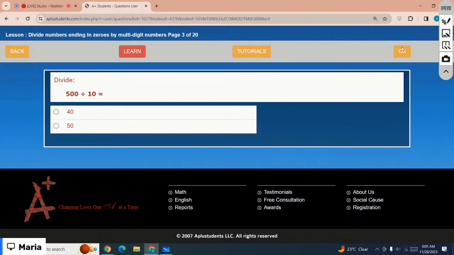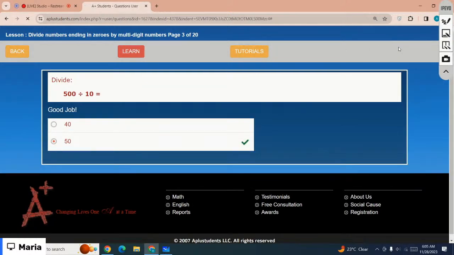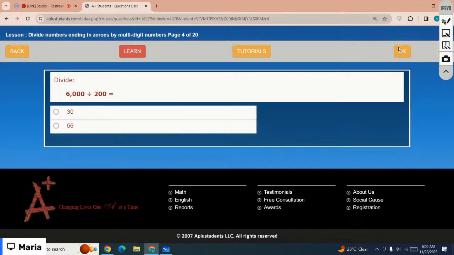The correct option is 50. 6,000 divided by 20, which is the correct option? Very good.